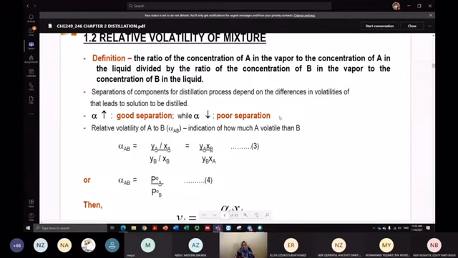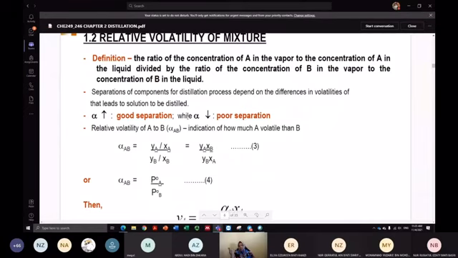Therefore, it's good to have this alpha value, because you don't want to start the process using a distillation column and towards the end find out that you won't get a good separation, that the separation is not what you wanted.